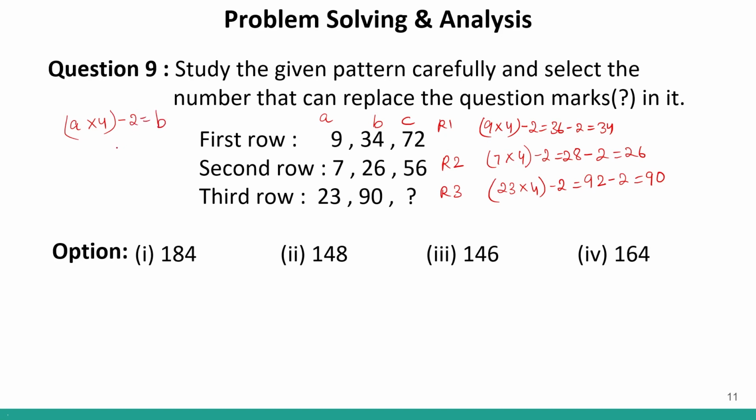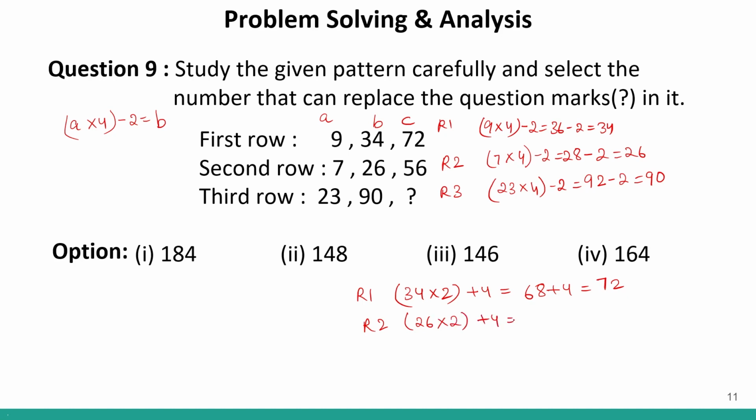Clear? Now, if I look at row 1, 34 and 72, I can see that if I multiply 34 into 2 and I add 4 to it, 34 into 2 will be 68, and 68 plus 4 gives me 72. So this is row 1. Correct? Now if I check for row 2, 26 into 2 plus 4.